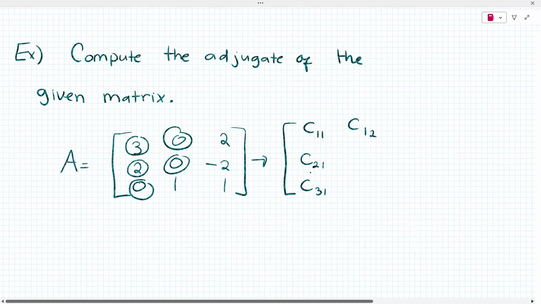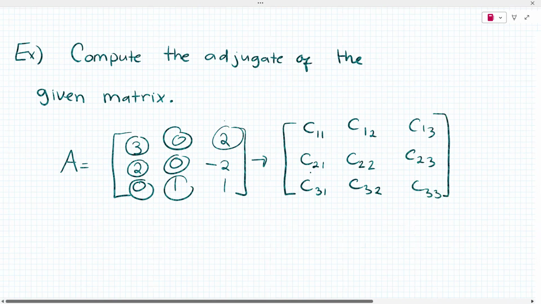This zero here is C22, and this one here would be C32, etc. And then you do the same process for these numbers. This would be C13, C23. So these are cofactors.